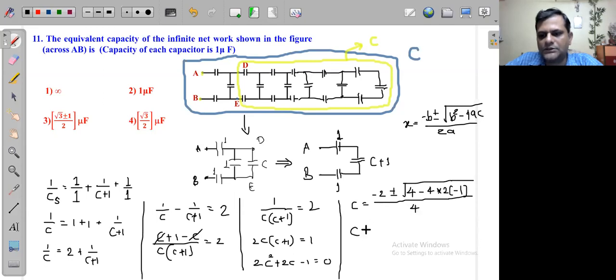Okay, so c can be written to be minus 2 plus or minus, here in the square root sign, we can just have this 4 plus 8, which is actually going to be 12, right? And that is to be divided by 4 as it is. So that we can just be able to get in the next step, 12 जो है, root 12 can be written as 2 root 3, right?